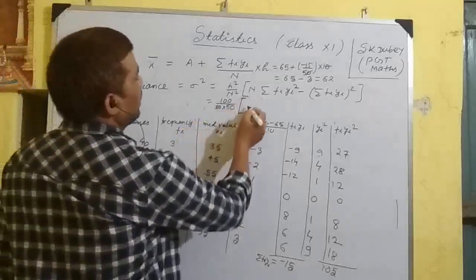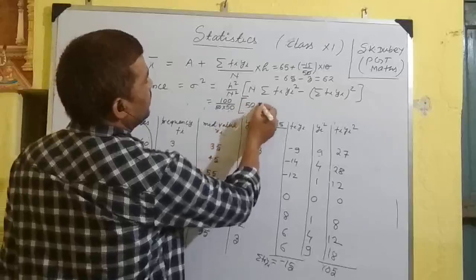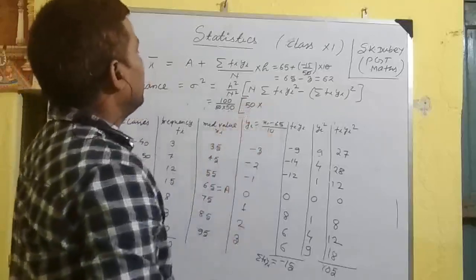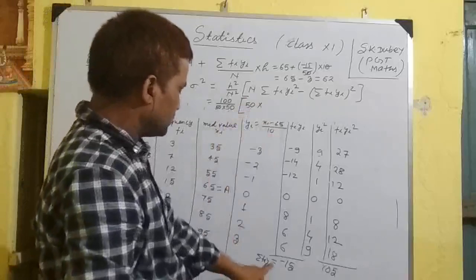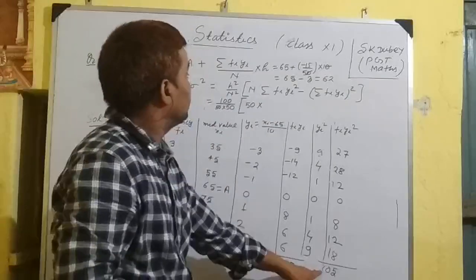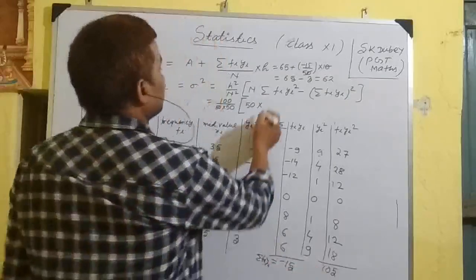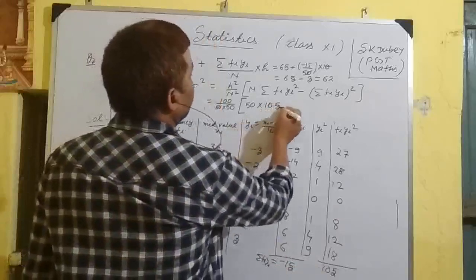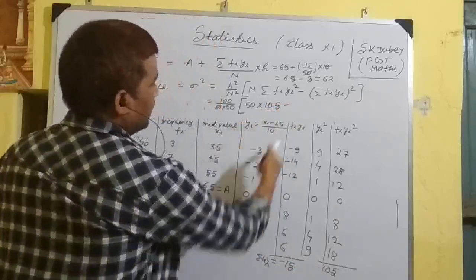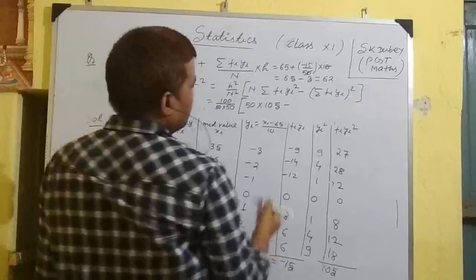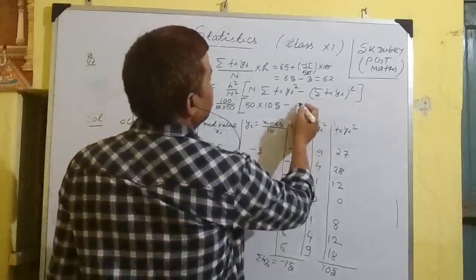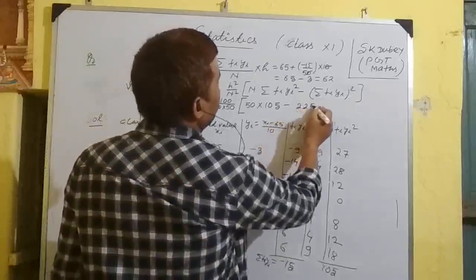This is n, that is 50, into summation of fi yi square, that is 105, minus the summation of fi yi, that is minus 15 square, that is 225.